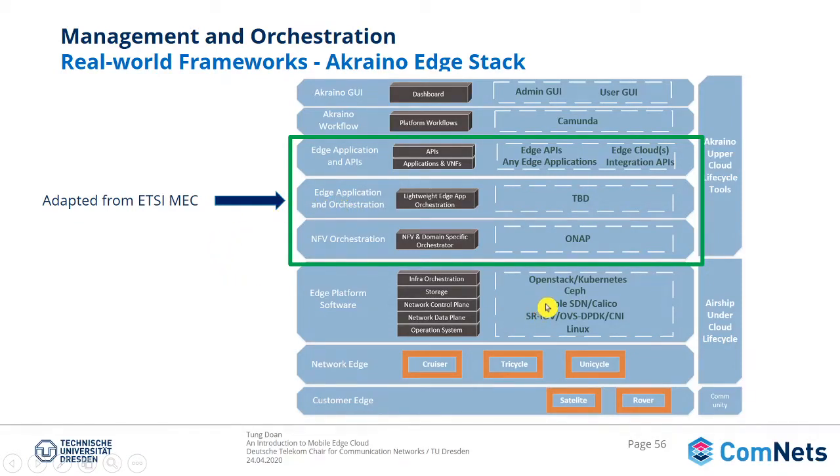And as I mentioned before, for the MEC platform, Akraino uses OpenStack and Kubernetes, and for storage, it uses Ceph. And for the SDN container, it either uses a simple SDN or Calico.